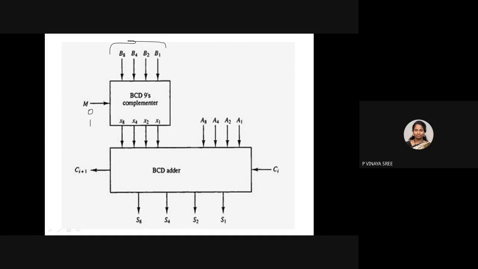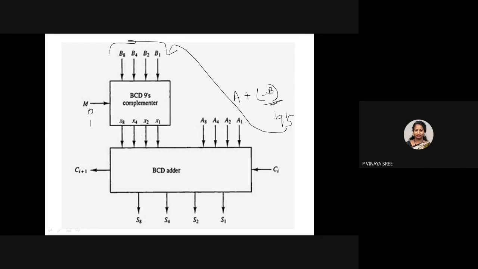If it is 1, the nines complement of that will be obtained, and the other operand is A. Plus or minus B: for this one, we have to do nines complement. This will be passed to the BCD nines complementer, so that you generate the nines complement.